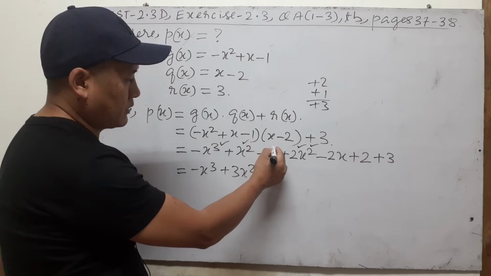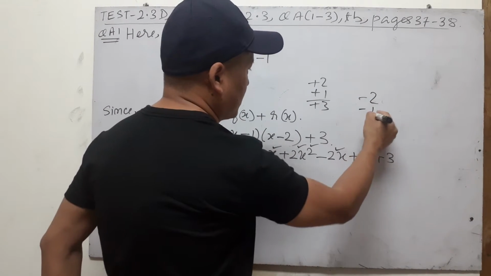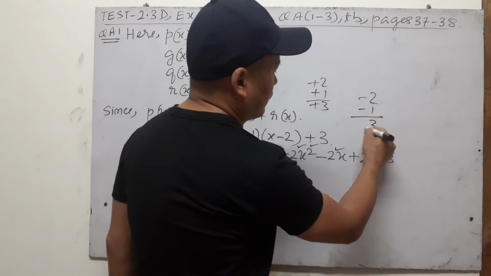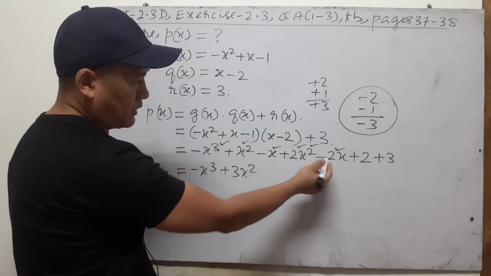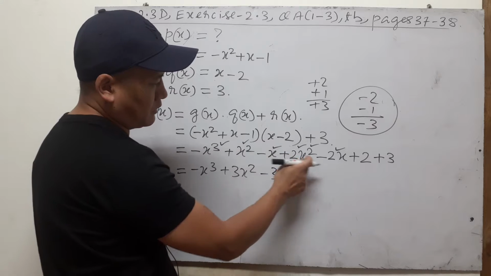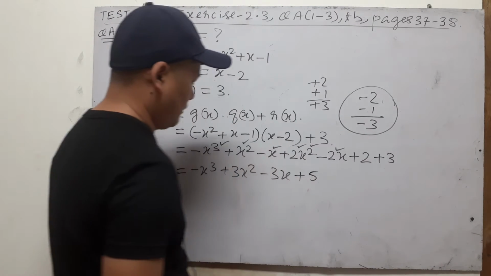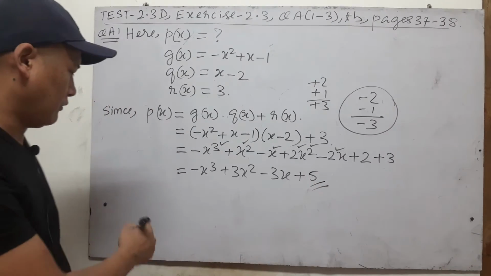Then the x terms: minus x minus 2x. Both are minus, so we add 2 plus 1 is 3, and put minus after adding. So minus 1x minus 2x is minus 3x. All ticked means taken into account. Now plus 2 plus 3 is quite simple, plus 5. So this is the unknown polynomial that we had to find.